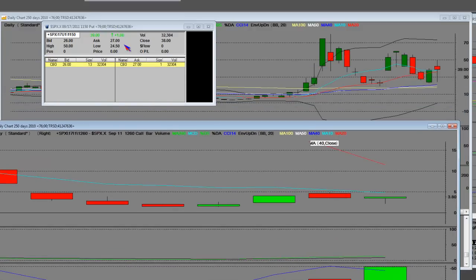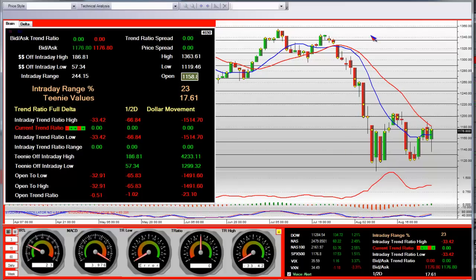Now on this there was 32,000 volume traded on the 1150 put. This was that original breakout. Boy, what a big pair that was. That's when the S&P 500 was going down on the daily right here. And the major break point to the upside volatility distance is 1, 2, 3, 4 half deltas up at 17.61 per delta line.